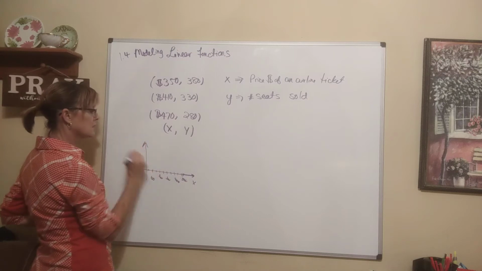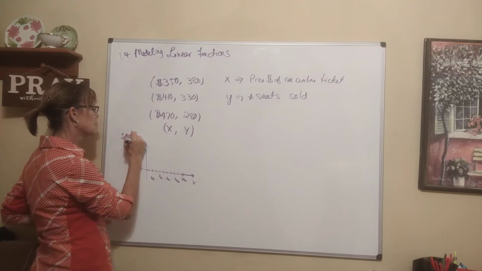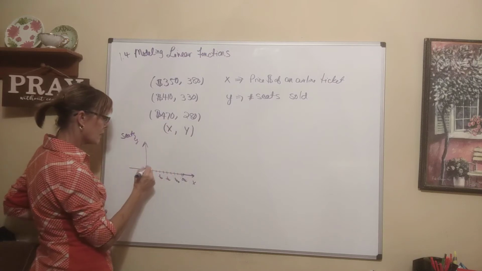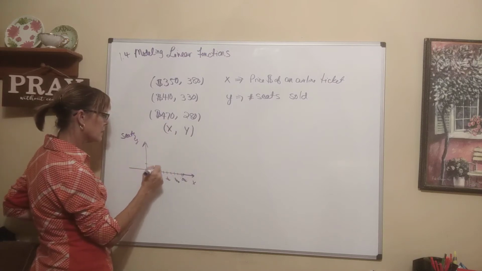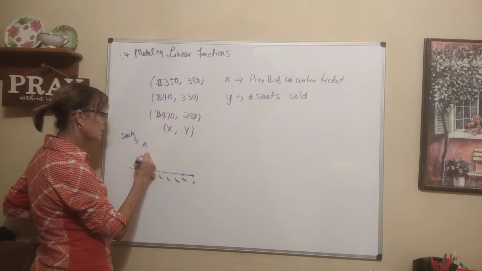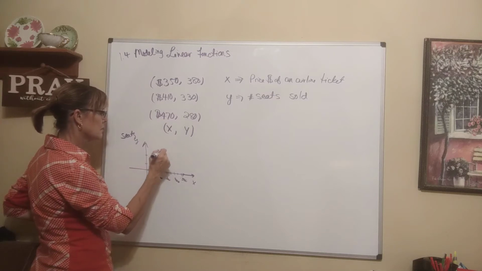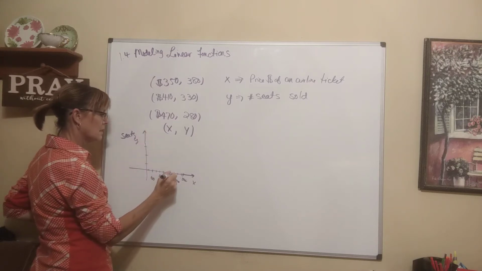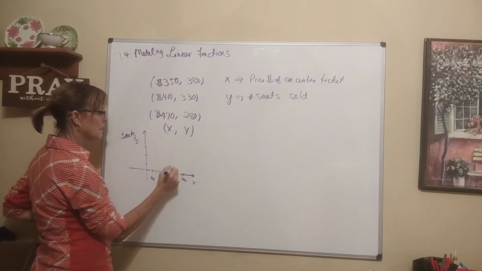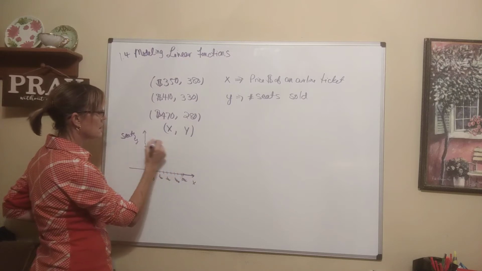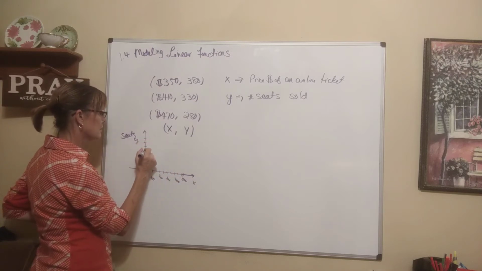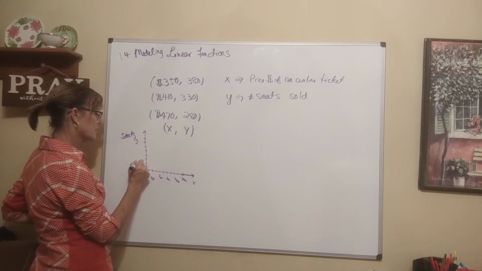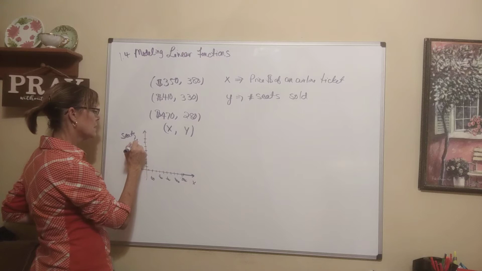And this is the seats sold. If we go by the same scale, this would be 50, 100, 150, 200, 250, 300, 350, 400.